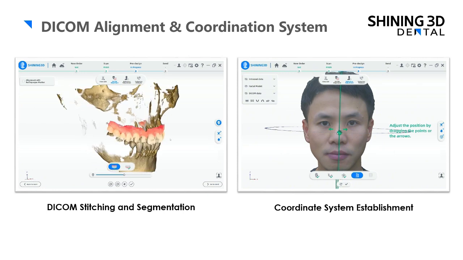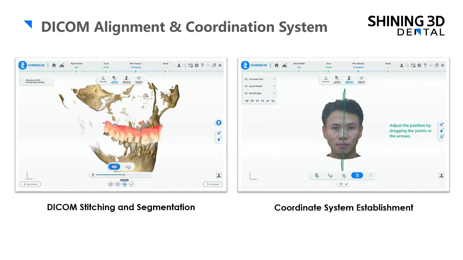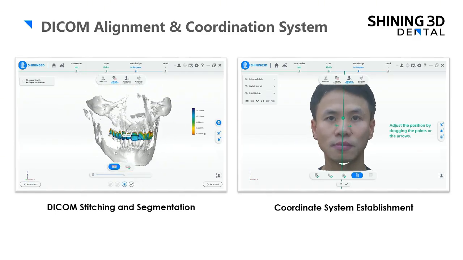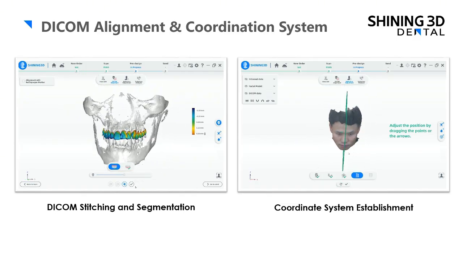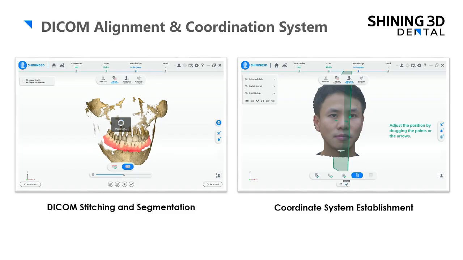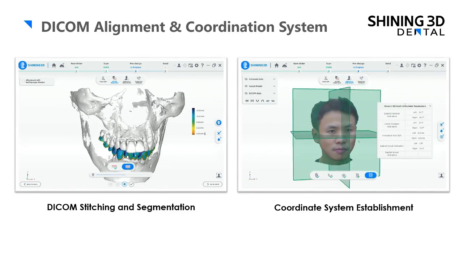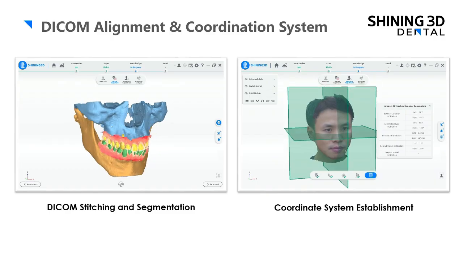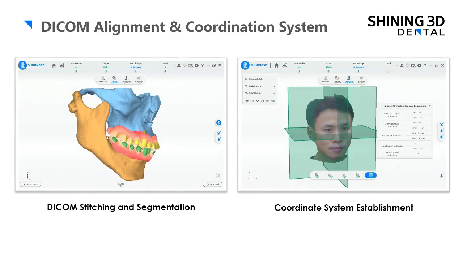After that we can set the coordinate system according to the DICOM data to condyle points, and also 3 different planes can be set using the resting face scan at the very last step of the scanning part. We need to set the mid-sagittal plane, the horizontal plane, and also the coronal plane.